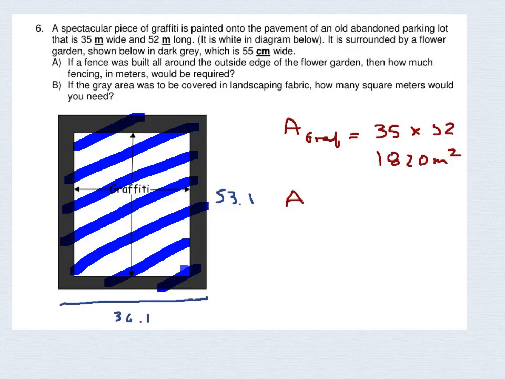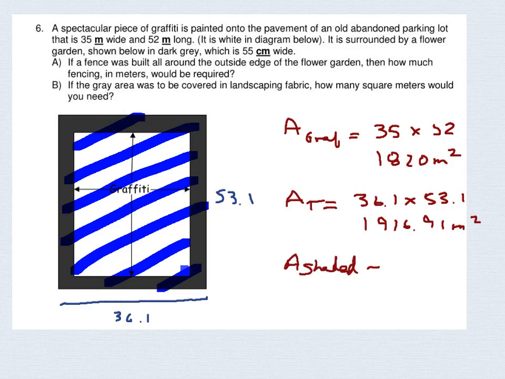Now the area of the entire park, the graffiti plus the flower garden, would be the outside times the outside, 36.1 times 53.1, which is 1916.91 square meters. To find the area of the black, you would subtract the entire area minus the white, and that would give you the area of the shaded region.